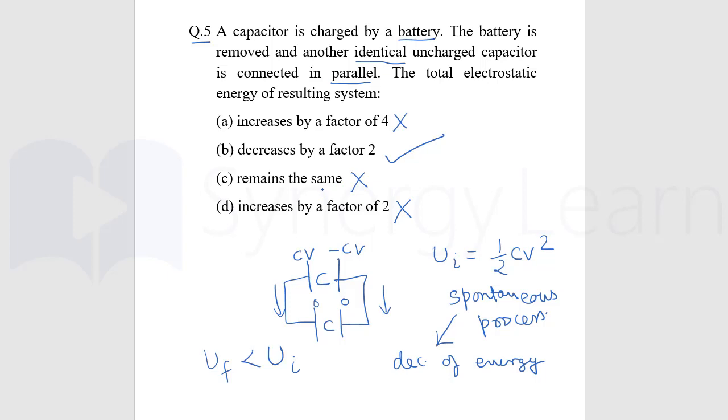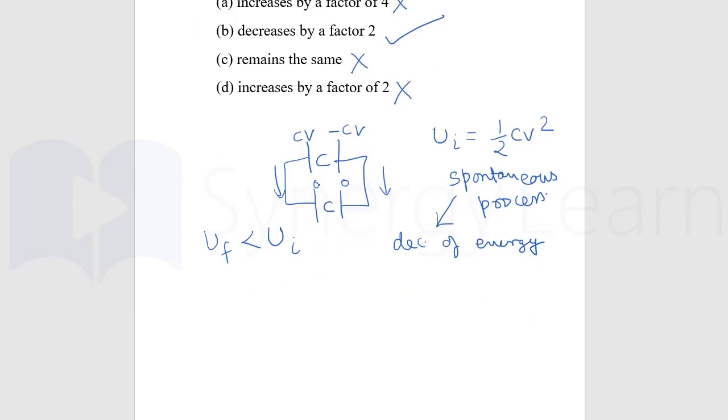Anyway, for the complete solution, for finding the final energy, see the charge CV is distributed now on both the capacitors. So the equivalent capacitance of C and C we can take as 2C, and the charge will remain the same because the second capacitor was initially uncharged.